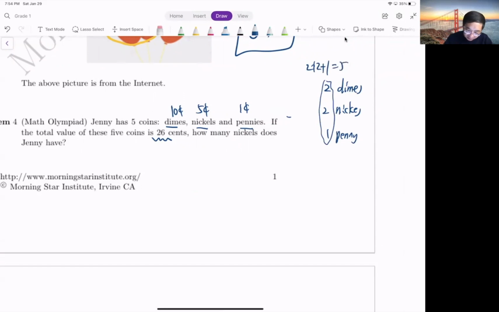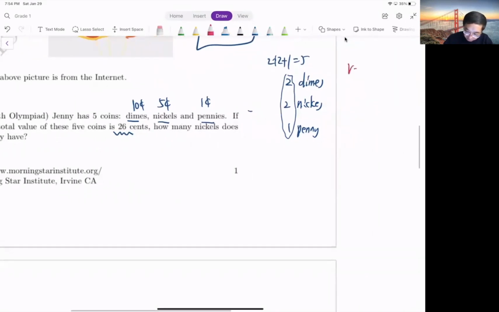But let's see the value. So what is the total value? Right, so the value of 2 dimes will be 10 plus 10, which is 20. Nickels will be 5 plus 5, which is 10. Penny, which is 1. So the total value will be 20 plus 10 plus 1, which is 31.